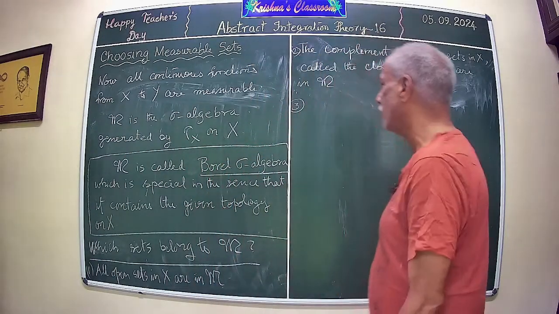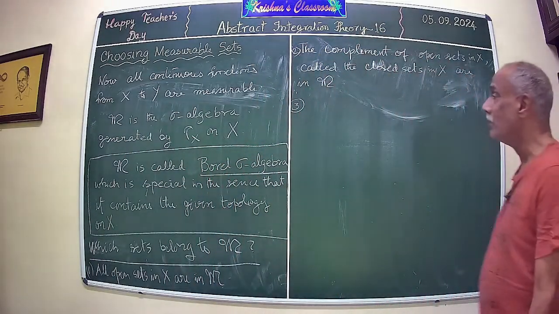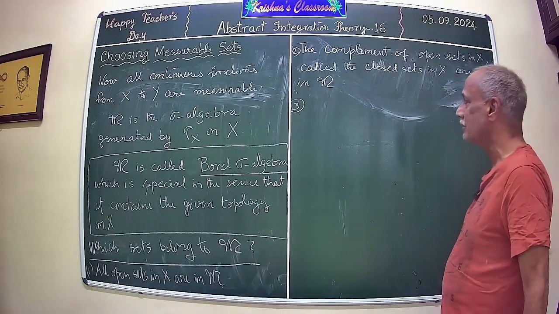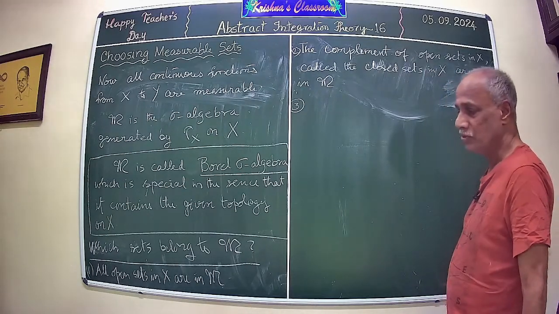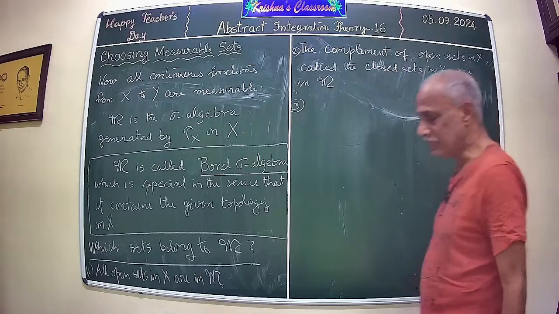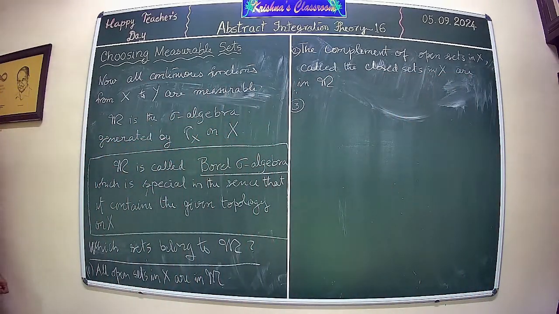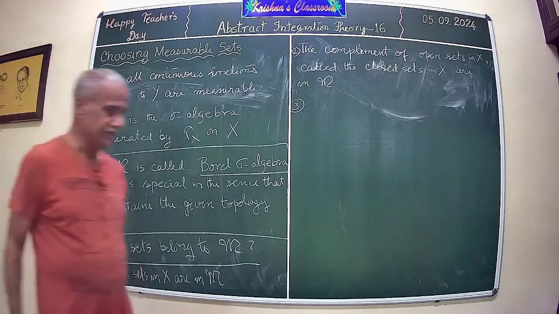Finite union of open sets. Okay, finite union of closed sets is closed, and therefore it is certainly in M. You see that finite intersection of open sets is in M because that is open.